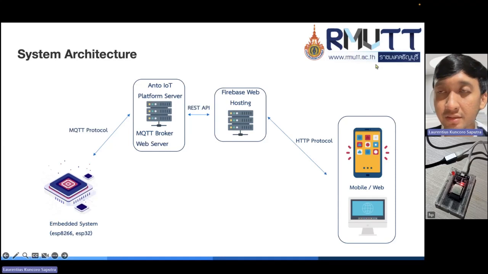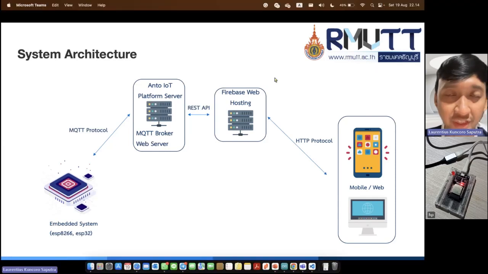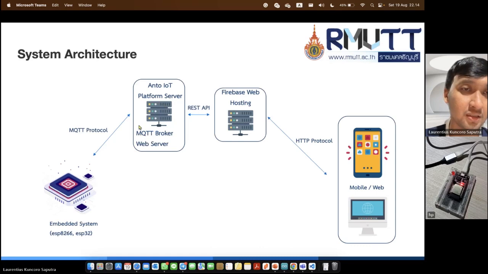In this implementation, we have 4 key components. There is the embedded system, and in this experiment we use ESP32. The second key component is that we will configure the Anto IoT platform server that supports MQTT broker and web server.